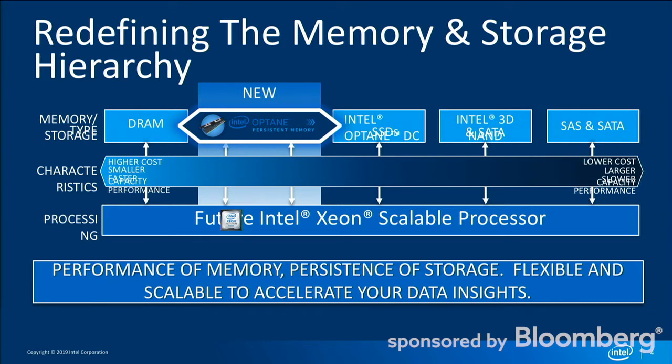So what it means for the programmer, of course, is that in the past, having to choose between speed, DRAM, and reliability, typically disk, now there's a third path, a third tier of storage that is on the memory bus but is persistent.